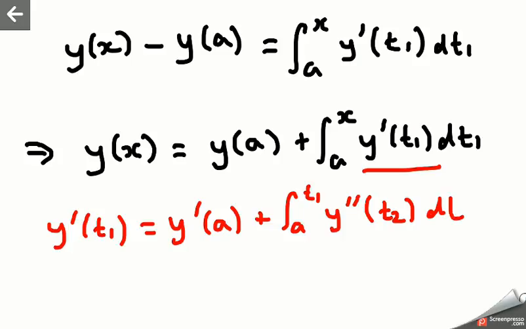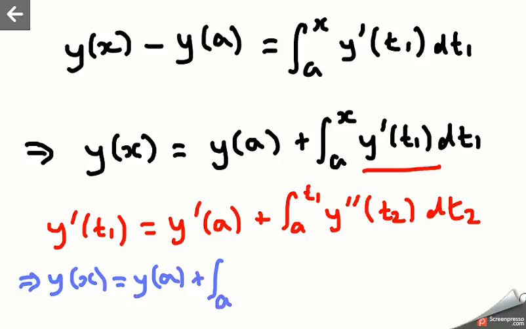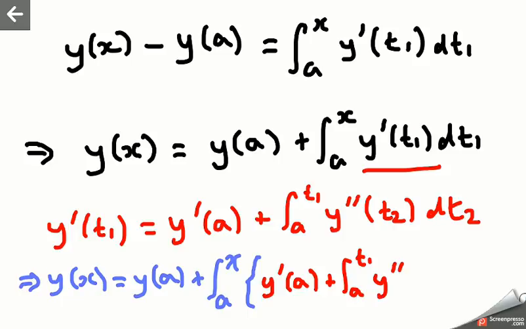Okay, so dt2. All right, so I'll use a different color. Substituting in the red part into the underlined in red part, we have y of x is equal to y of a plus the integral from a to x of, and I'll use some curly brackets here, y prime of a plus the integral from a to T1 of y prime prime of T2 dt2.